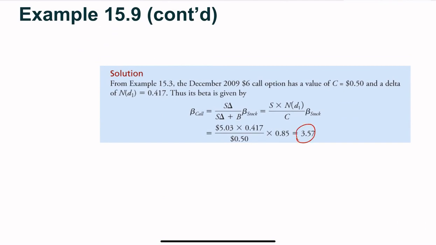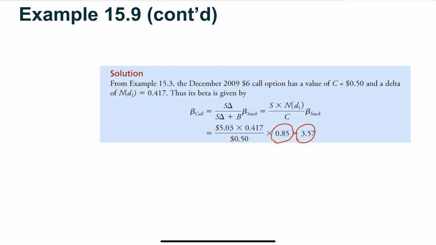3.57. And it's also interesting to see how large the option's beta is, right? The stock's beta is only 0.85, but the beta of this option is 3.57.